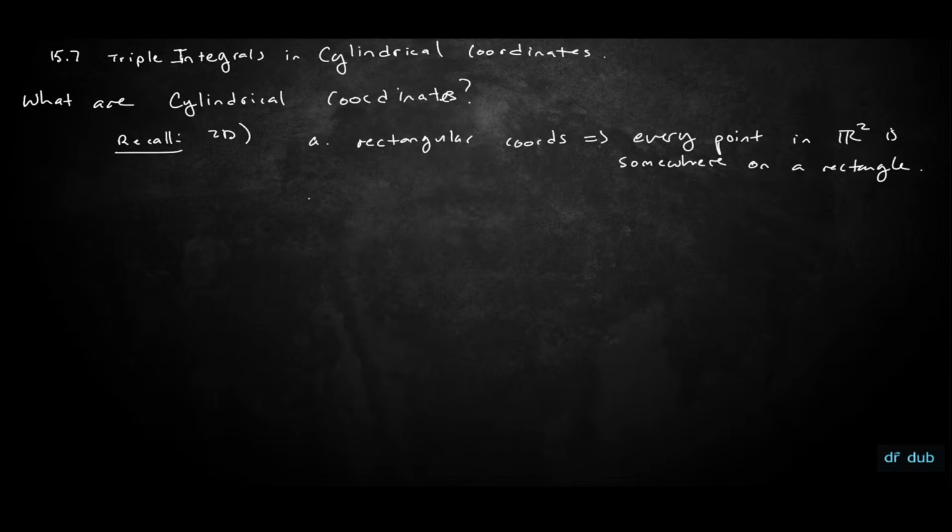We also had 2D coordinates, polar coordinates. Polar coordinates said every point in R2 is somewhere on a circle.